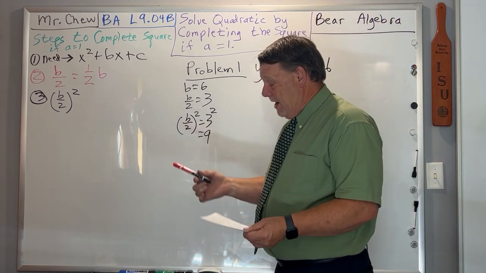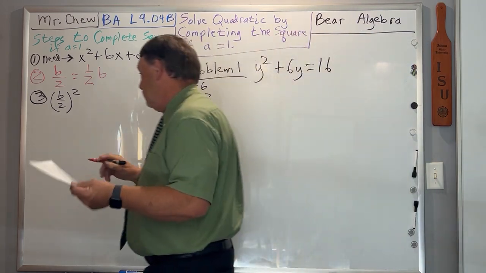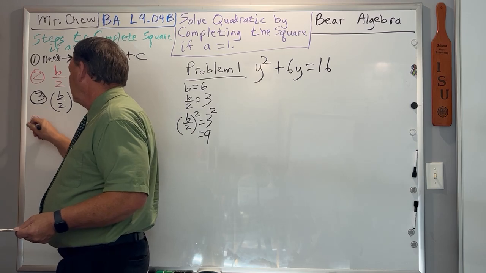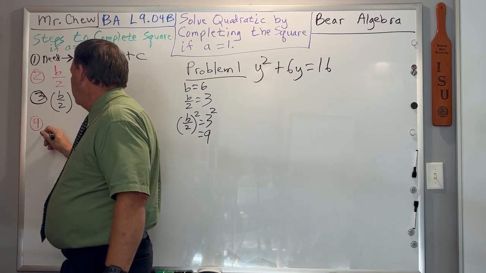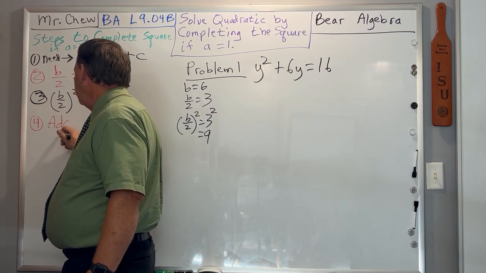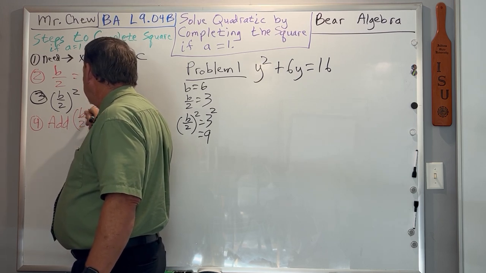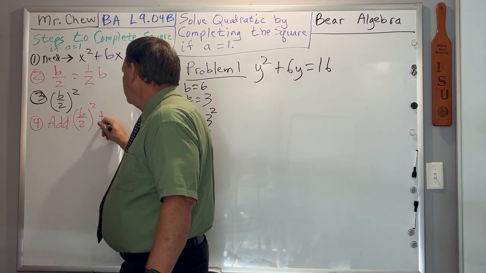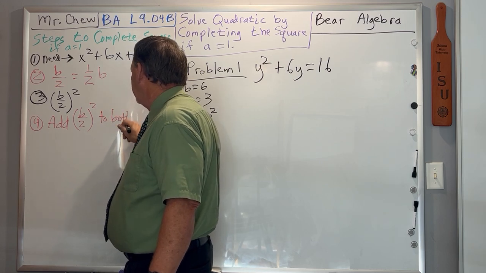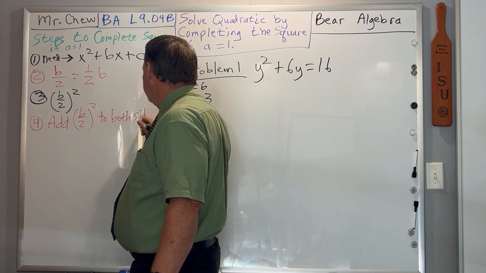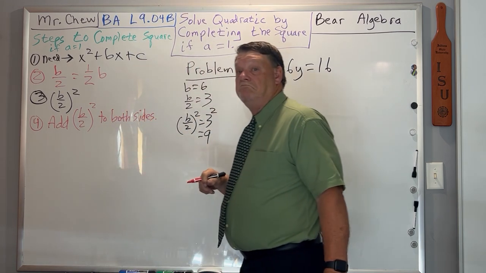Okay, so the next step is to add b over 2 squared to both sides. All right?